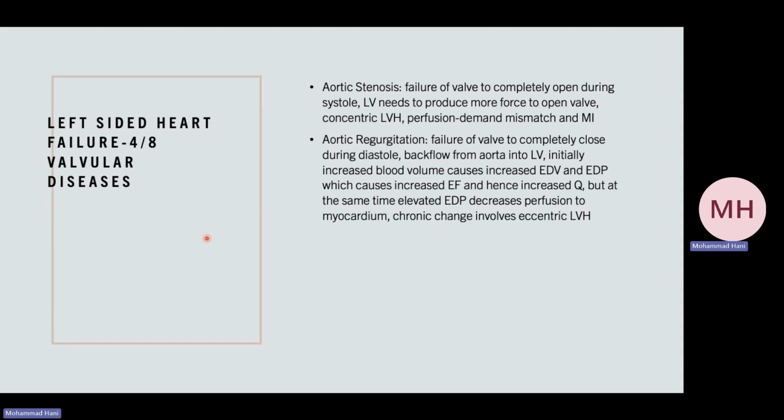Increased blood flow increases the end diastolic volume and the end diastolic pressure. When you have an increased end diastolic volume, you increase your stroke volume and your ejection fraction. So this increases ejection fraction initially, but chronically over time, this is damaging to the myocardium.